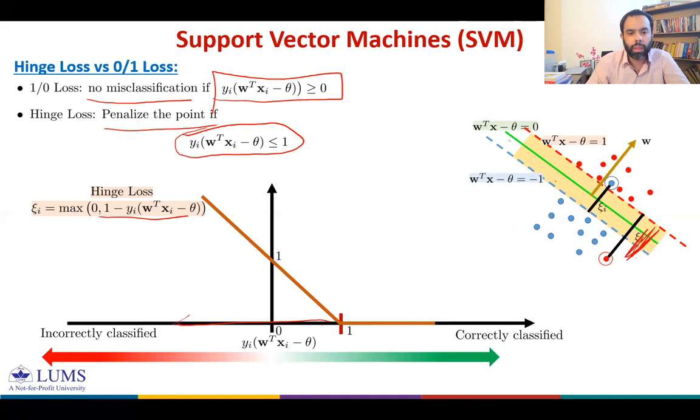As compared to this, what about 1-0 loss? 1-0 loss looks like this. If yi (w transpose xi minus theta) is less than 0, the loss is 1. If this is greater than or equal to 0, the loss is 0. This was a very quick comparison of hinge loss versus 1-0 loss. So that was all about soft SVM.